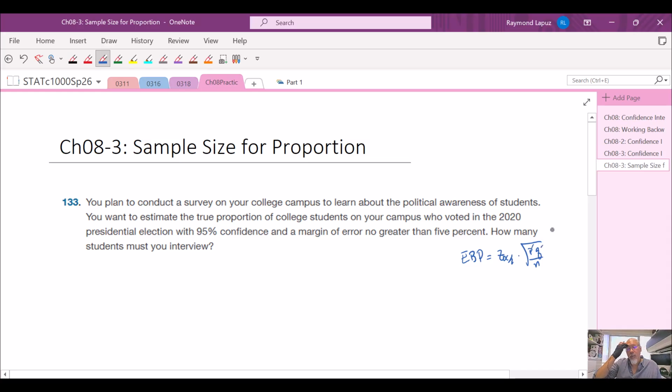So what we could do here is solve for n, and without doing all the tedious algebra, I'll just say that n is equal to z sub alpha over 2 times p prime q prime, all divided by EBP, and this is squared. So it's going to be the critical point squared times p prime q prime over EBP squared.